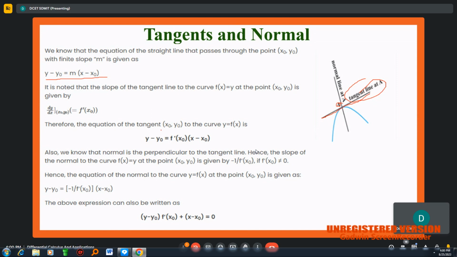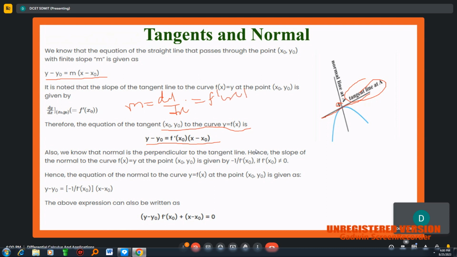Therefore, the equation of the tangent at x naught comma y naught to the curve y is equal to f of x is y minus y naught equal to f dash of x naught into x minus x naught. Here, what is the value of m? m is nothing but dy by dx. dy by dx is nothing but f dash of x.